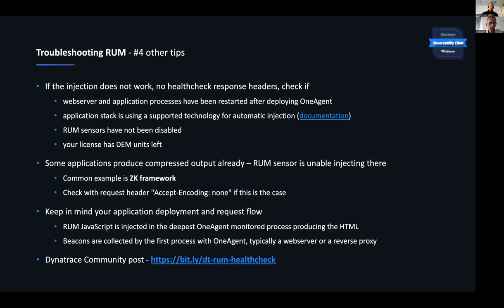Or maybe the application stack itself is not using a technology that supports automatic injection. Only some of those web servers and application servers support automatic injection. For the others, you then need to inject your script tag by different means.